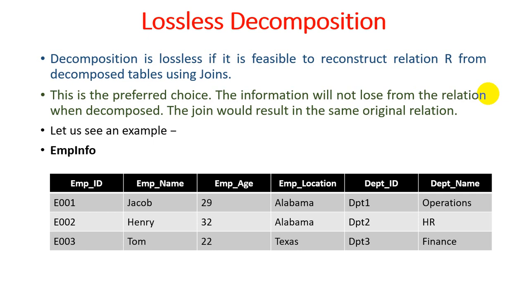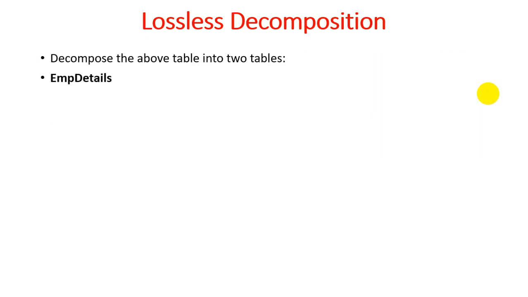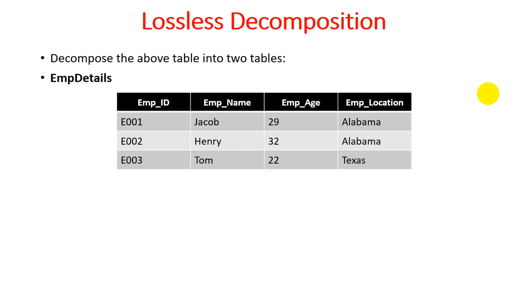Now if we want to decompose this table into 2 different tables, the first is employee detail, which has 4 attributes: employee ID, employee name, employee age and employee location, and there are 3 tuples in this employee detail relation.